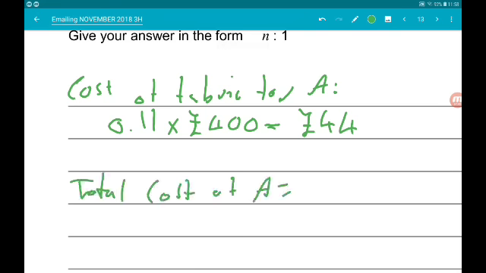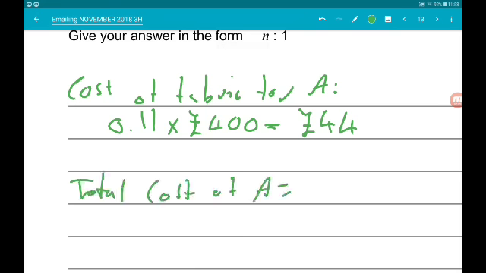Okay, so now we know we can write the ratio cost of A to the cost of B as 47.50 to 36.30.